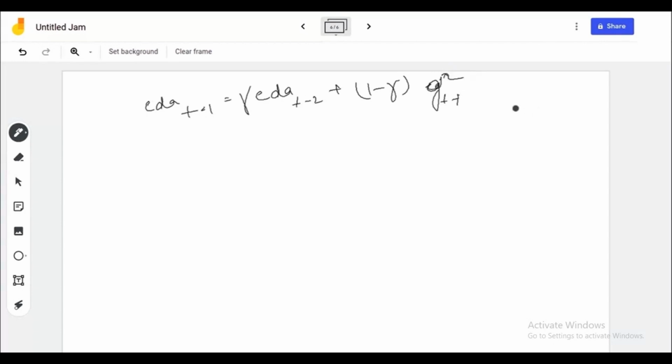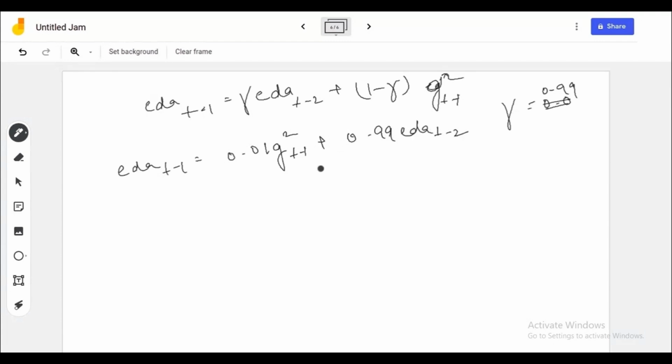Let us suppose our gamma is 0.99. So we have EDA t minus 1, which would be equal to 0.01 of g t minus 1 square plus 0.99 of EDA t minus 2.